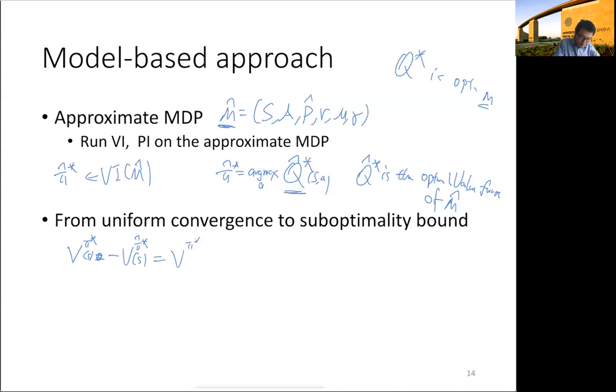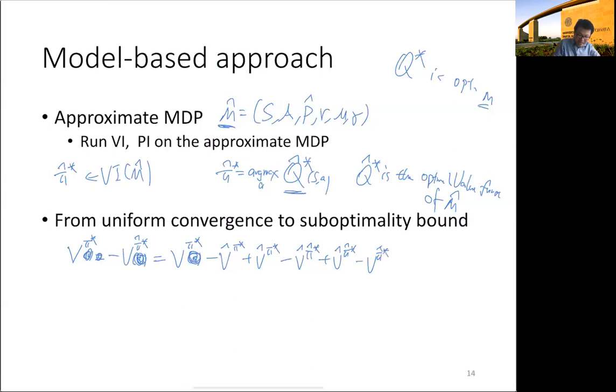So let's now add and subtract. I'll drop this s for clarity, and all these bounds can be interpreted pointwise, as vectors. I'm going to subtract V hat pi star, and also add V hat pi hat star and subtract V pi hat star.